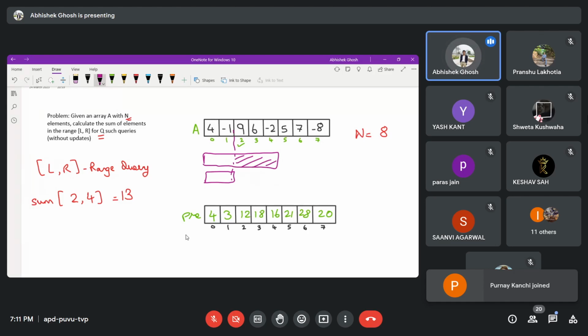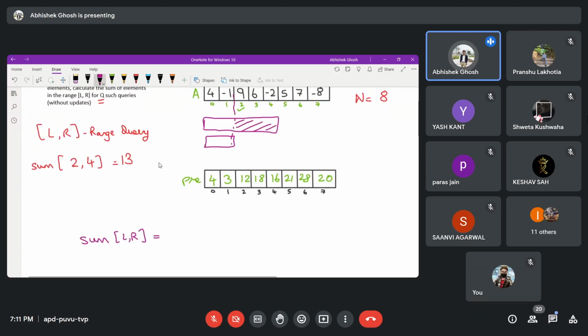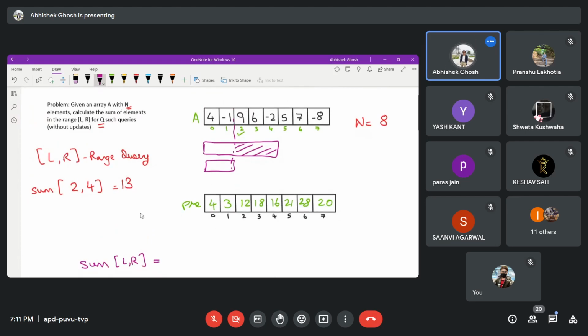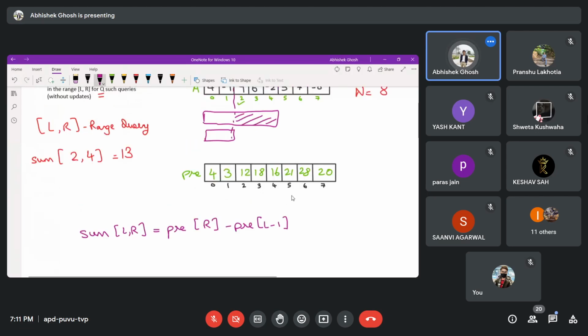So the sum query can be modeled this way now. Let's say sum of L to R. Initially, what we were doing, we were just iterating from 2 to 4. But now what we'll do is subtract prefix sums: prefix sum of R subtracted by prefix sum of L minus 1. Why L minus 1?